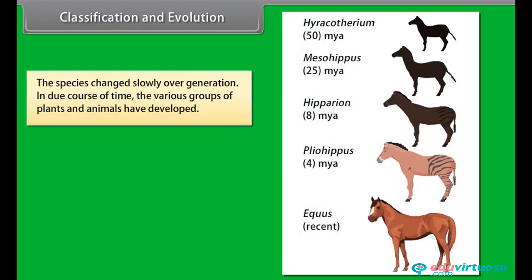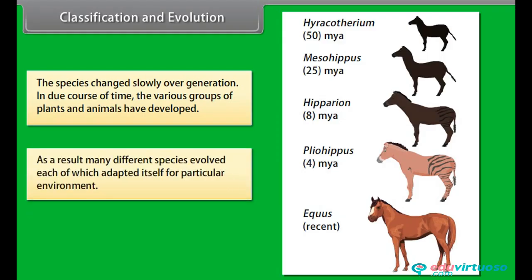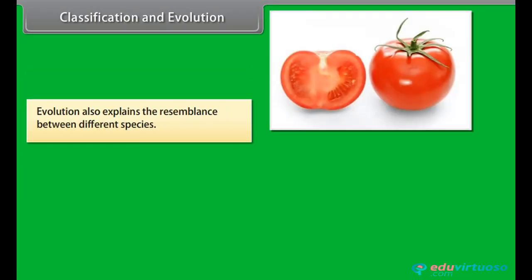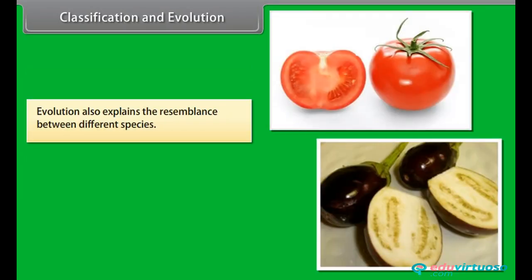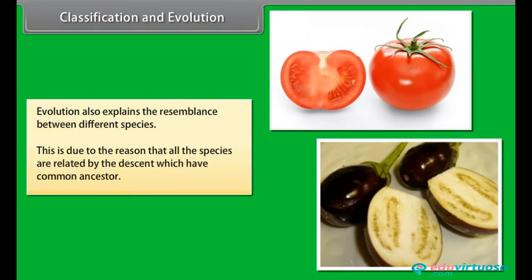In due course of time, the various groups of plants and animals have developed. As a result, many different species evolved, each of which adapted itself for a particular environment. Evolution also explains the resemblance between different species. This is due to the reason that all these species are related by descent, which have a common ancestor.